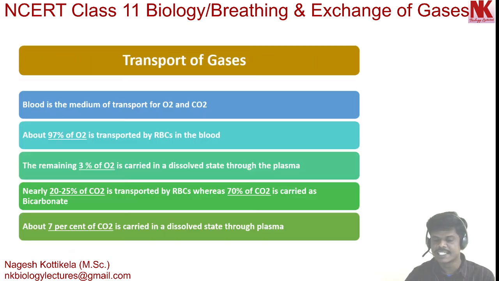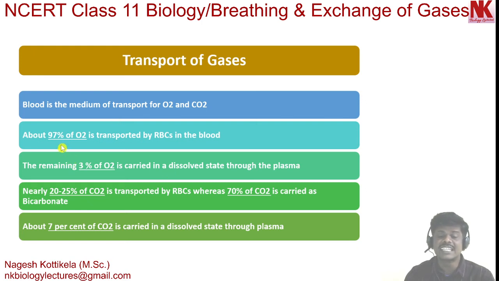Moving to the next, transport of gases. Blood is the medium of transport for oxygen and carbon dioxide. About 97% of oxygen is transported by RBCs in the blood. Very important statement. I repeat this once again.